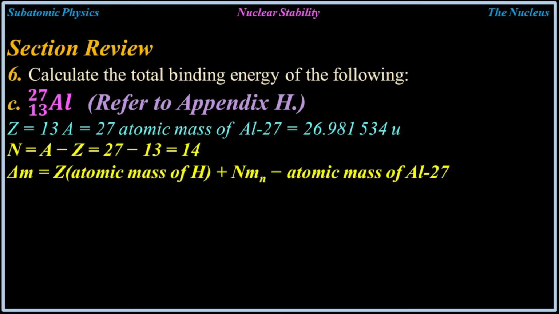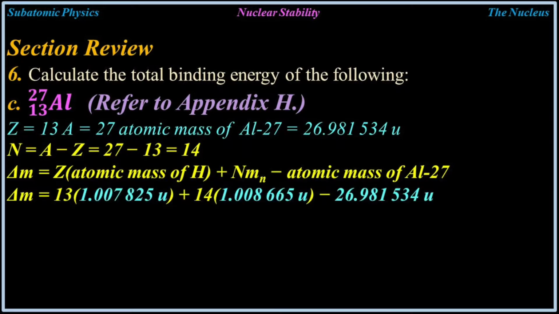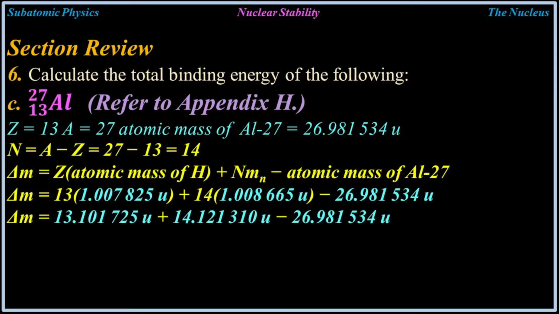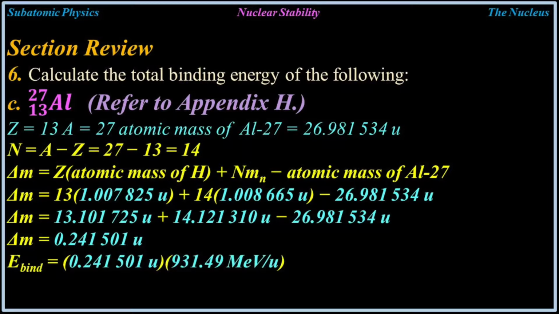The delta M is going to be 0.241501, the E bind. And the E bind is 224.96 mega electron volts.